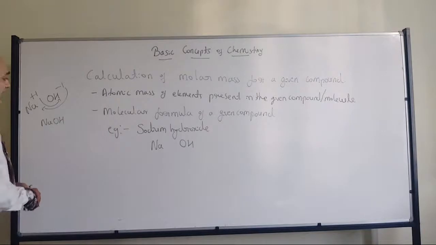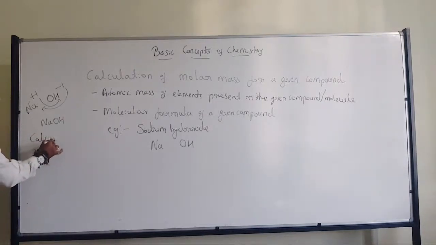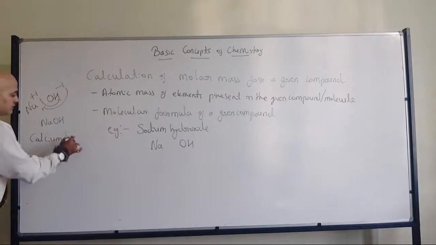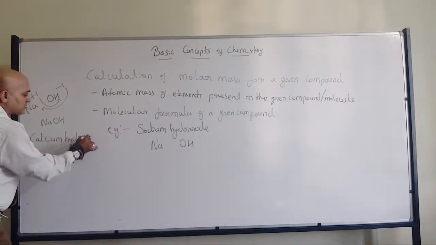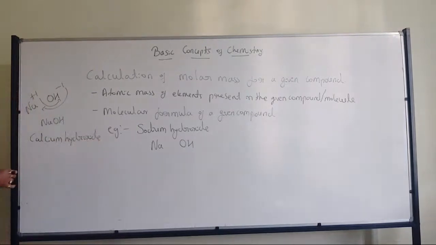Now we have another molecule which is called calcium hydroxide. Now please remember, whenever I am writing the formula of a compound or a molecule, if you observe carefully, the first one will have a capital letter, then all of them will be small letters.